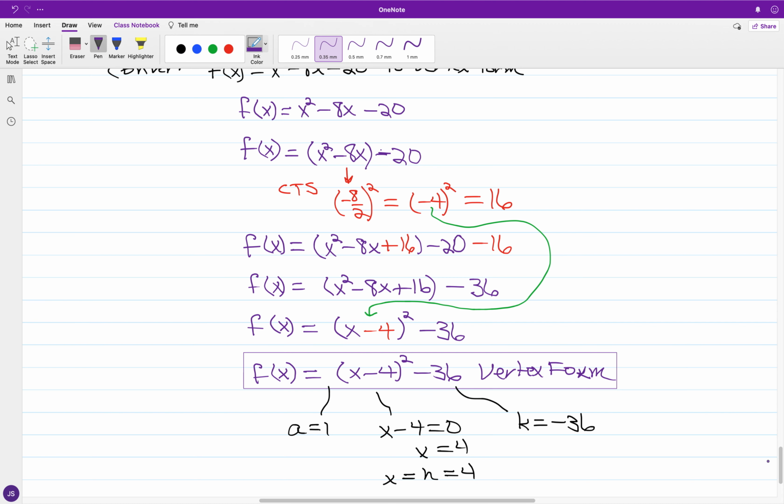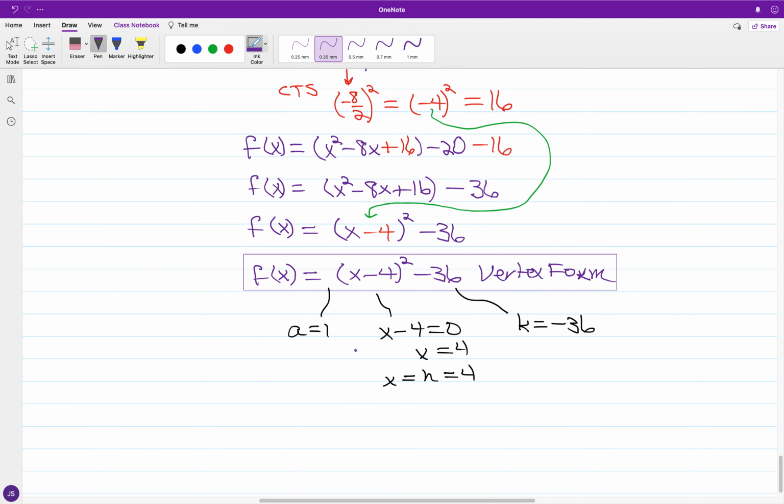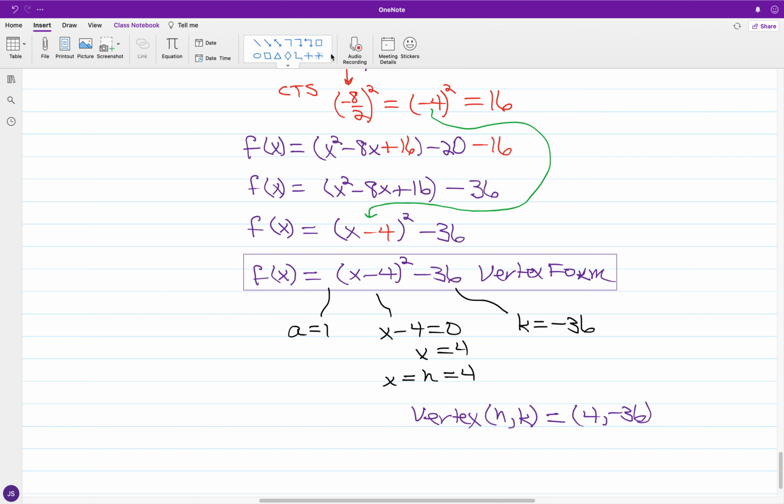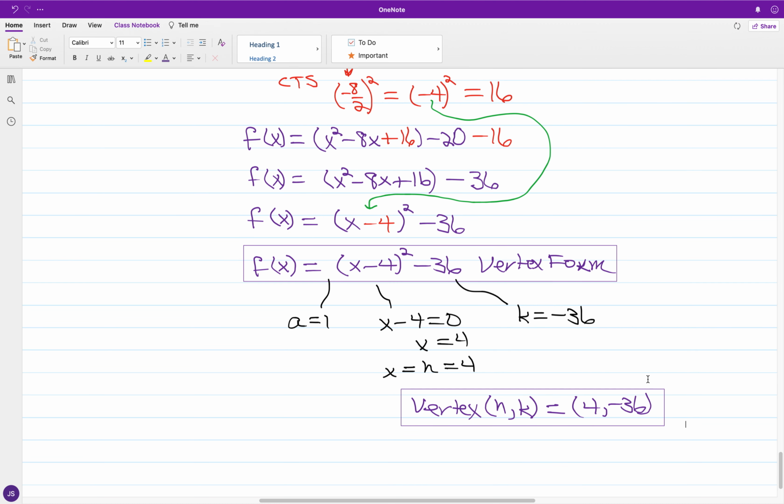Thus for this particular quadratic function, the location of the vertex is going to be at 4, -36. Okay, so this is just another sampling of what we have with the conversions.